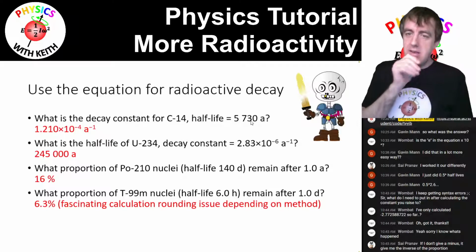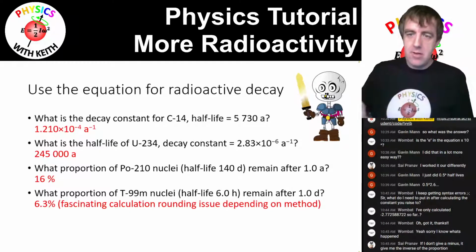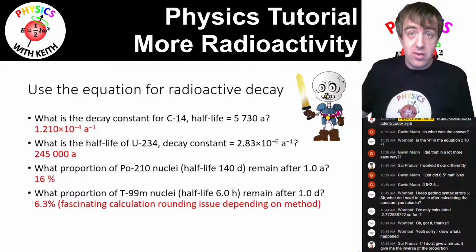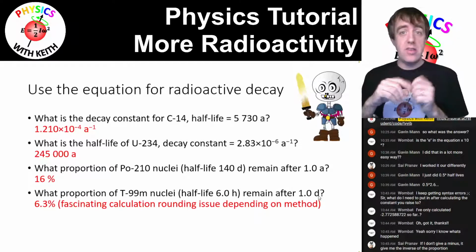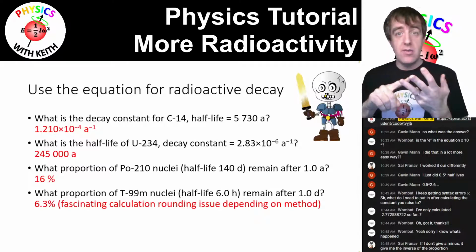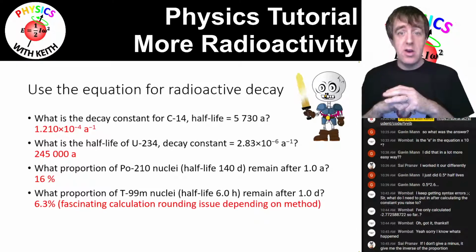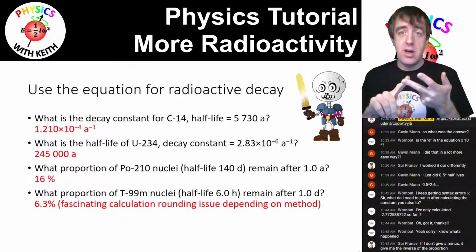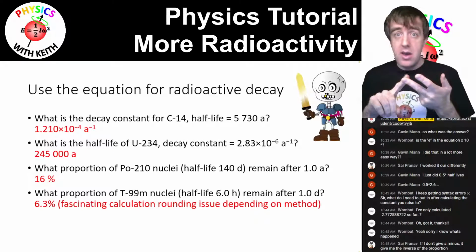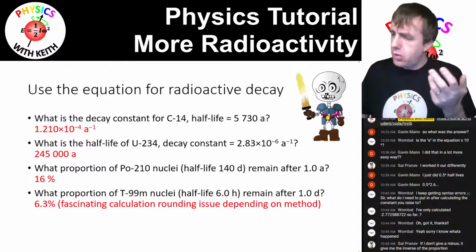What's fascinating about this one is that you can actually solve it quite easily. There's 4 half-lives. There's 24 hours in a day, so 6, 12, 18, 24. So after 1 half-life, there's a half. After 2 half-lives, there's a quarter. After 3 half-lives, there's an eighth. After 4 half-lives, there's a 16th.